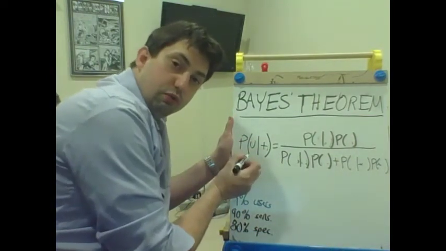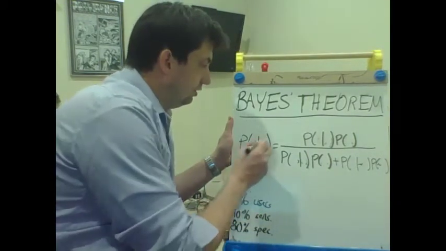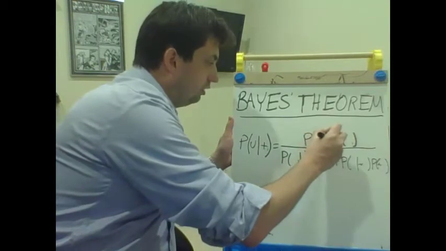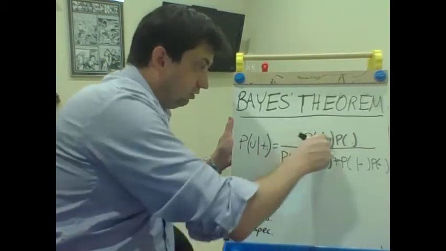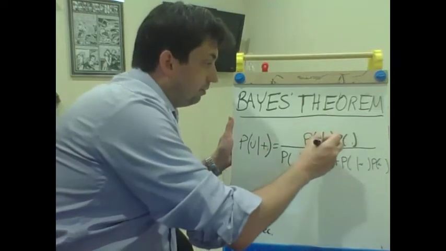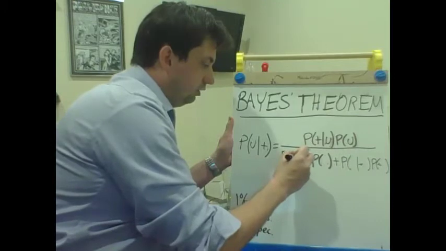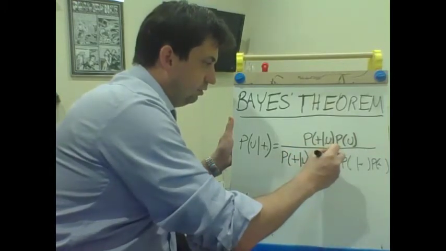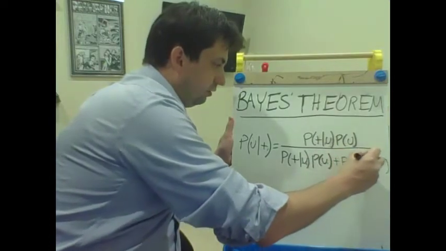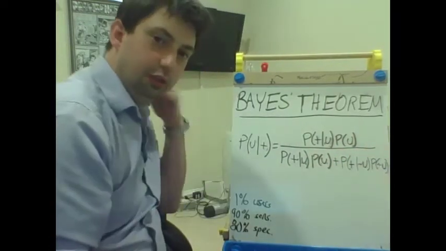U is that they're a user of drugs, and positive is a positive test result. Well, that is the same thing as the chance that someone tests positive, assuming they are a user. Okay, these are not the same thing. Times the probability that they are a user. Chance that they test positive, assuming they are a user, times the chance they are a user. Plus the chance they test positive, assuming they're not a user, times they're not a user.